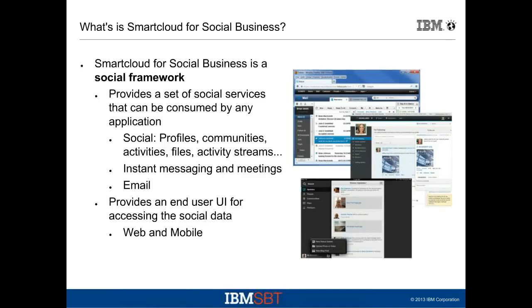But what interests us from a developer standpoint is really the second set of features, which is a set of social services that are ready to be consumed by any applications. In these services, we're talking about social services like profiles, communities, activities, activity streams, files, etc., or also some instant messaging and meetings APIs, and finally emails.